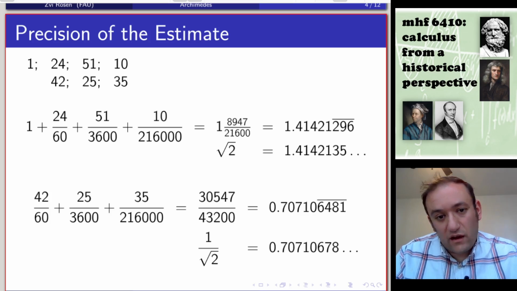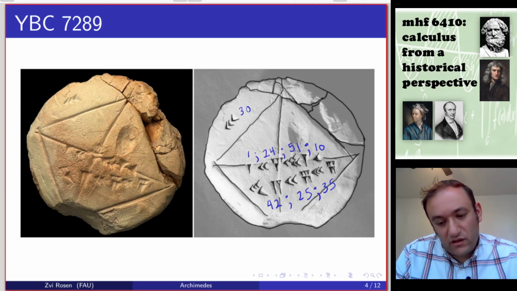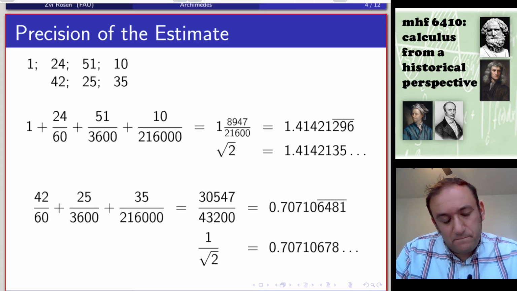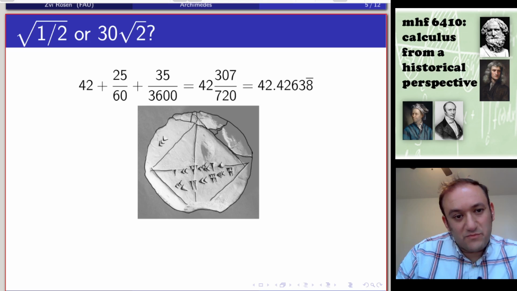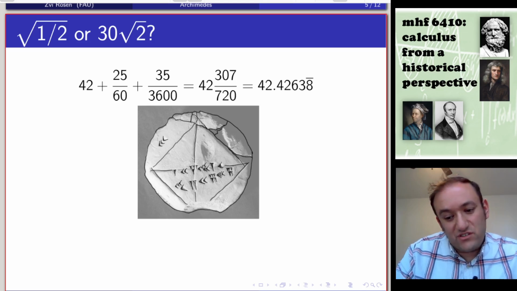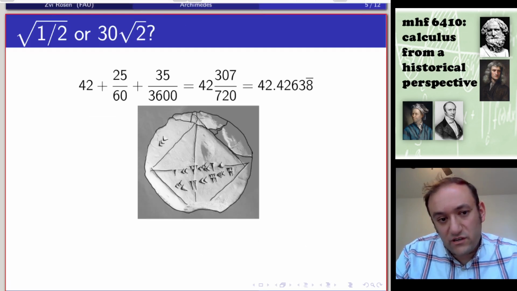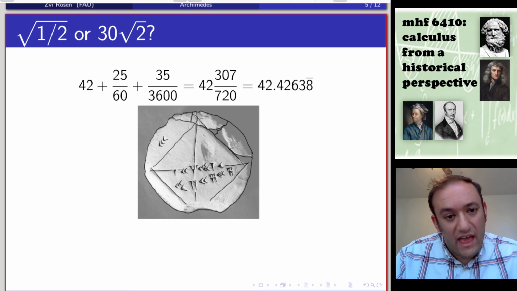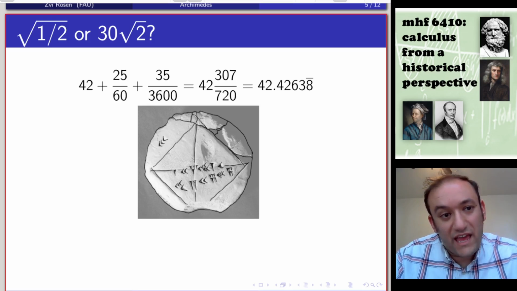It's not immediately obvious. Looking back at this picture, it was not immediately obvious why someone would write down square root of 2 and its reciprocal on this sheet. So I like this alternative explanation: instead of starting at 60 to the minus 1, we start at 60 to the 1. And then what we're looking at here is 42.42638 bar.